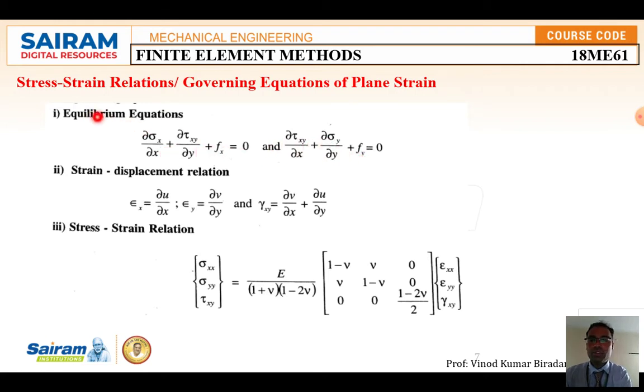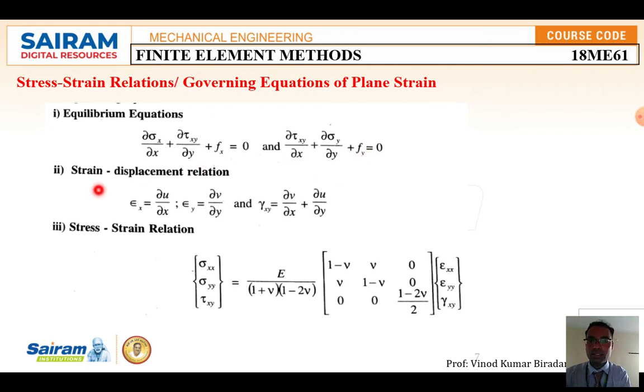The equilibrium equations are: dou sigma x by dou x plus dou tau xy by dou y plus f of x is equal to 0, and dou tau xy by dou x plus dou sigma y by dou y plus f of y is equal to 0. Here f of x is the force acting along the x direction and f of y is the force acting along the y direction.